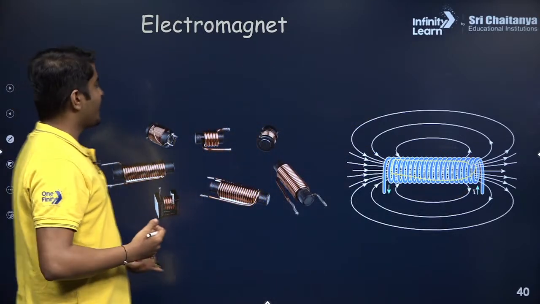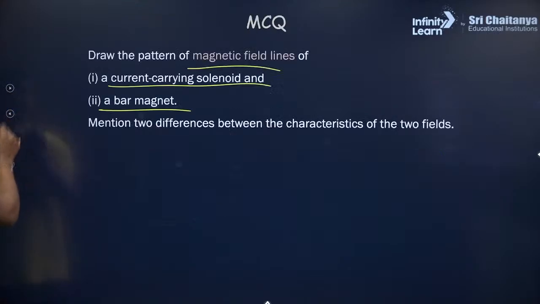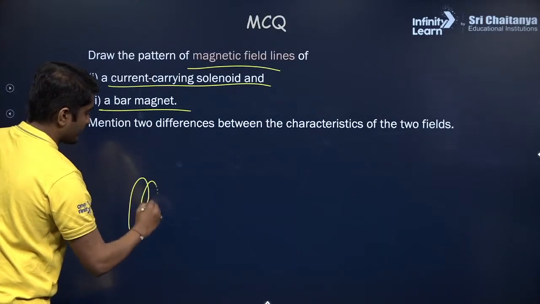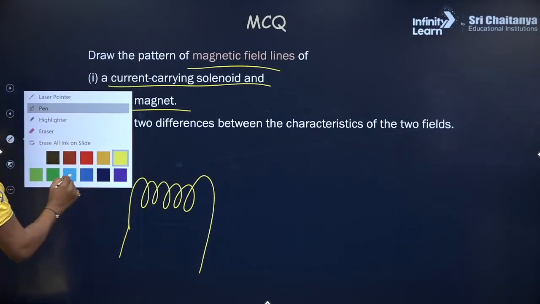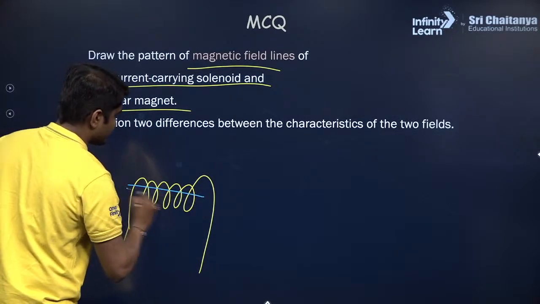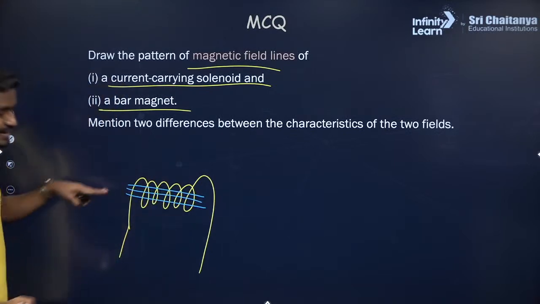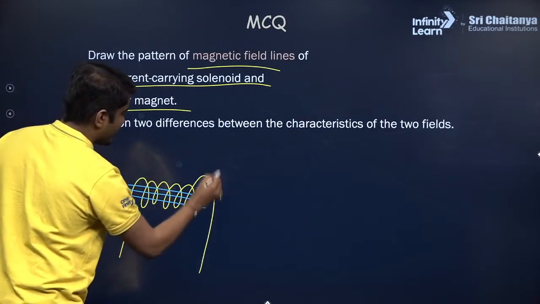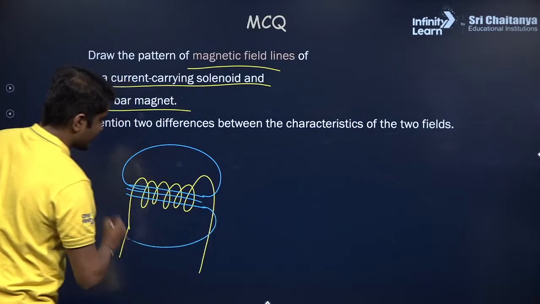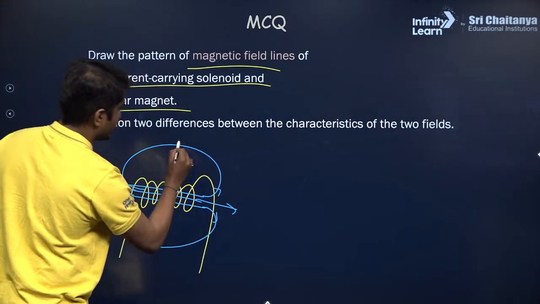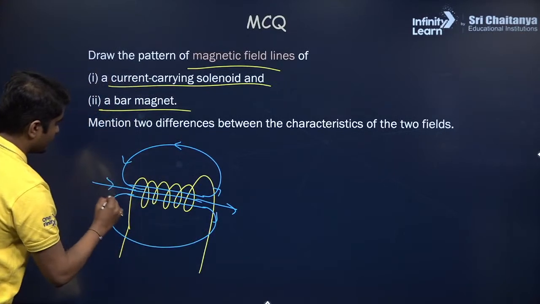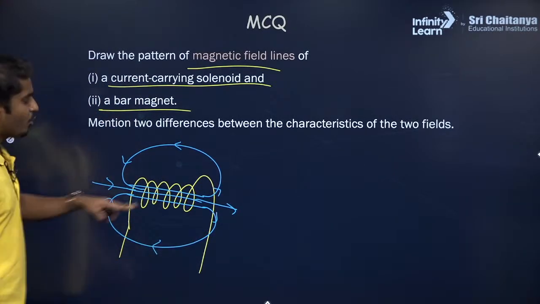So this is a solenoid. The magnetic field lines will look something like this. Inside they are uniform and outside they go something like this. These are the magnetic field lines from the solenoid. And how about a bar magnet?